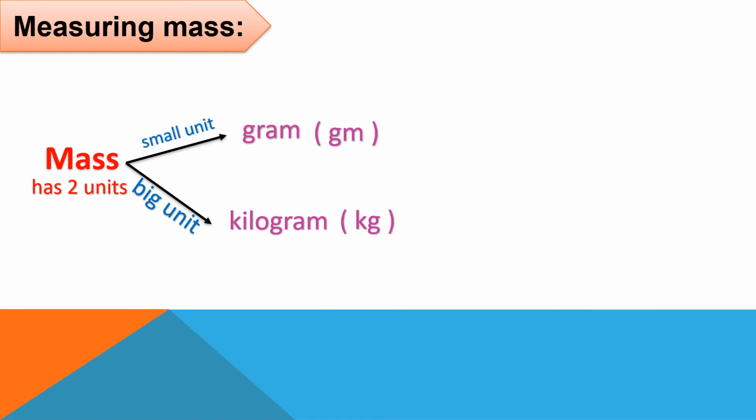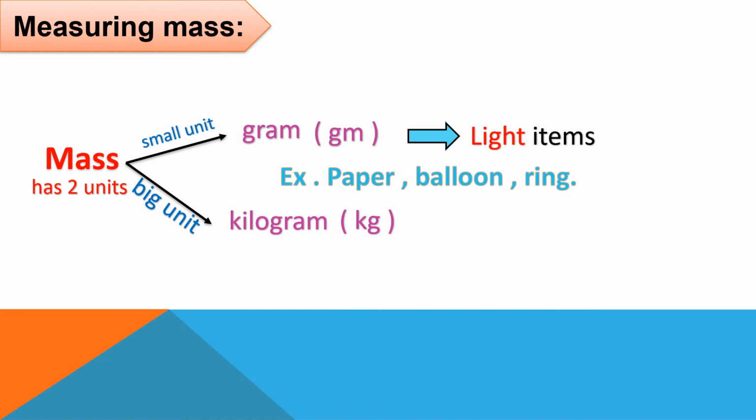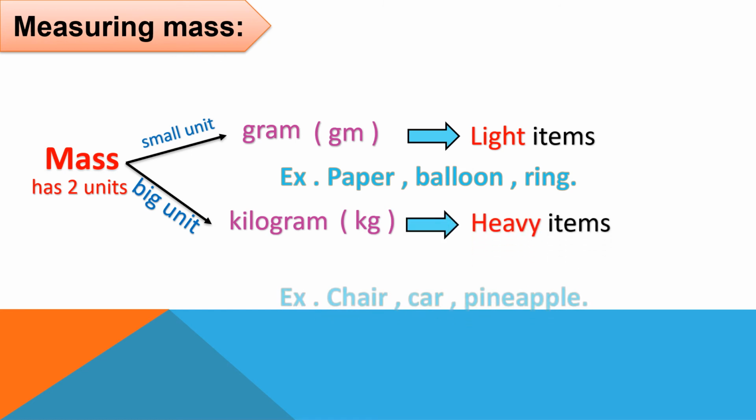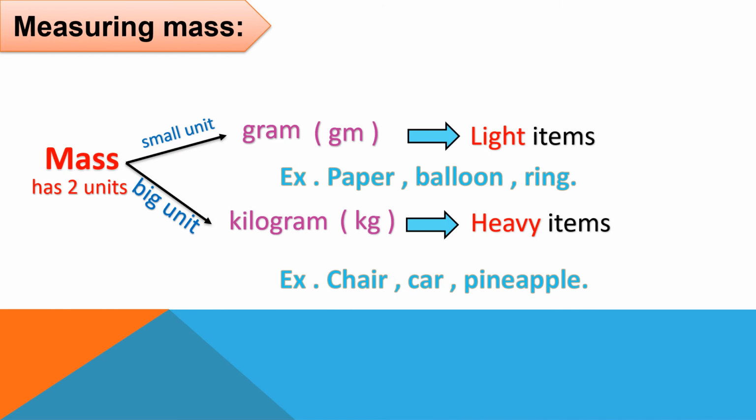We use gram, the small unit, for measuring light items like paper, balloon, ring, feather. And the big unit, kilogram, its abbreviation is kg, is used for heavy items like chair, car, pineapple.